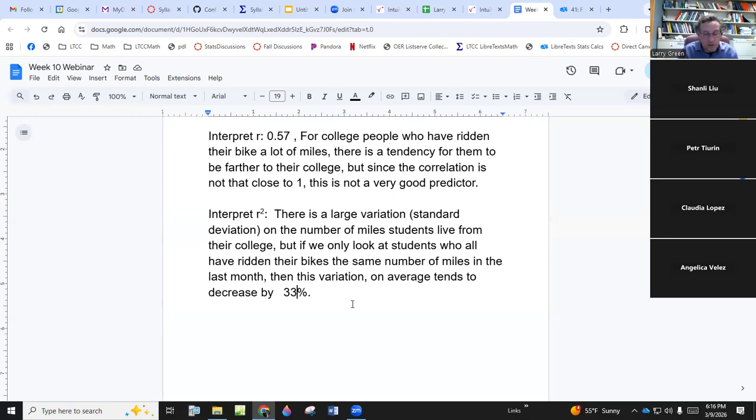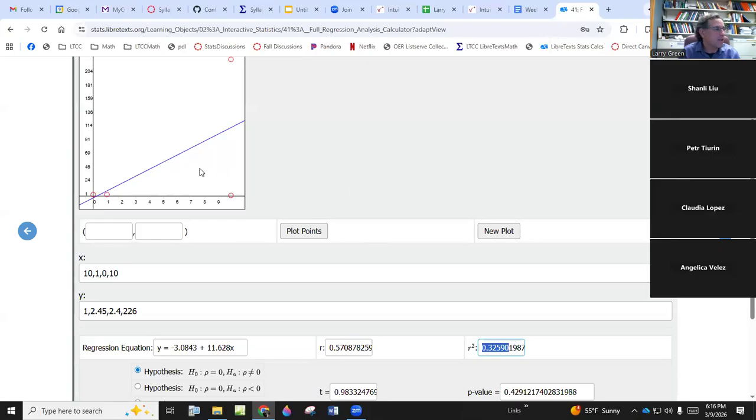Okay, R squared is important. We'll see R squared is pretty small here. It's 0.33. And if you look at the points, we have some points that are very far from the line. Especially on this right-hand side, there are some points very far from the line, which means it's not a great predictor. Any questions on that?